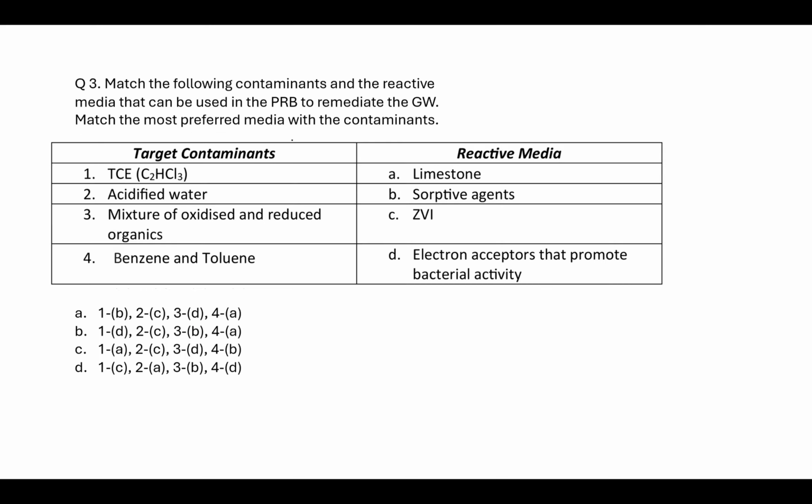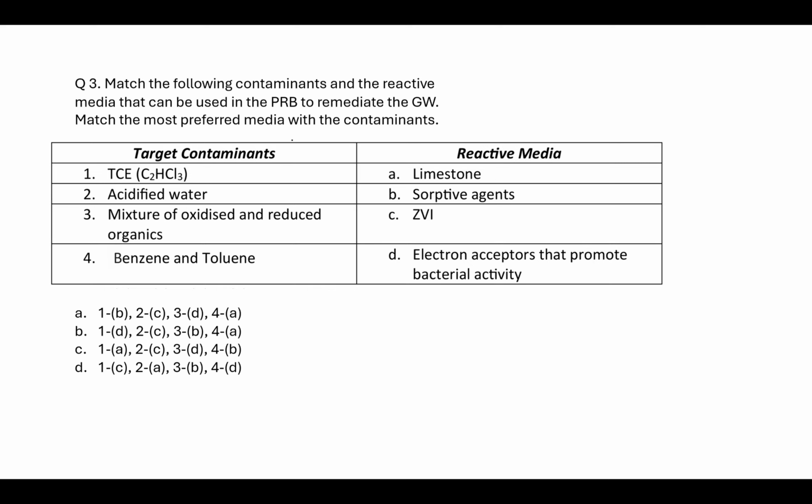Now let's move to the next question. The question is to match the following contaminants and the reactive media that can be used in the PRB to remediate the groundwater. So we have to match the most preferred media with the contaminants. We have seen a table in the lectures where different reactive media were given for different targeted contaminants. So we have four contaminants.